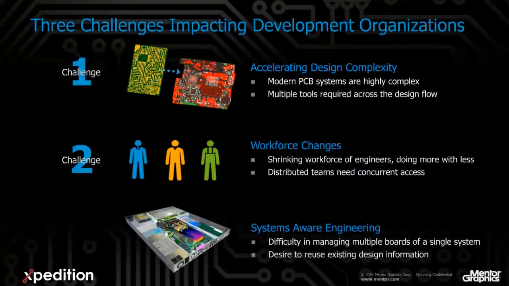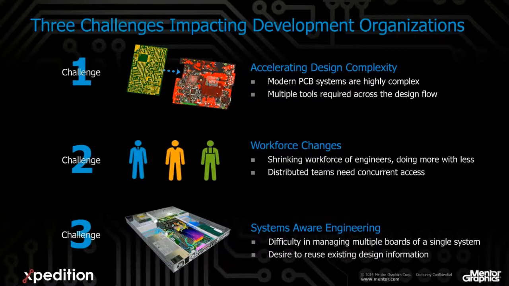If you've had a chance to review some of our other Xpedition webinars, you will have been introduced to the three primary challenges impacting your development organization. The primary challenge is that as design complexity has changed, so too have the tools and the data management challenges within those tools. With distributed design teams, you need concurrent access to work and process information as you continue to do more work with fewer resources.